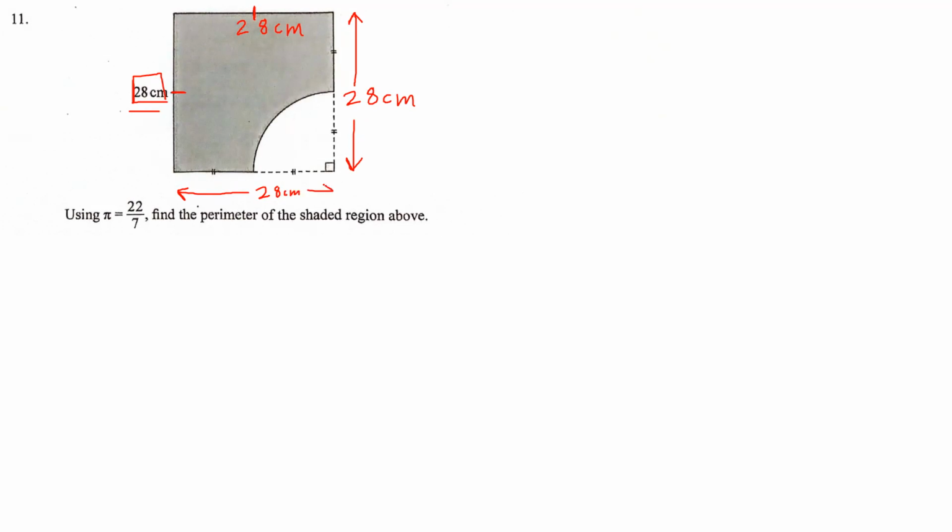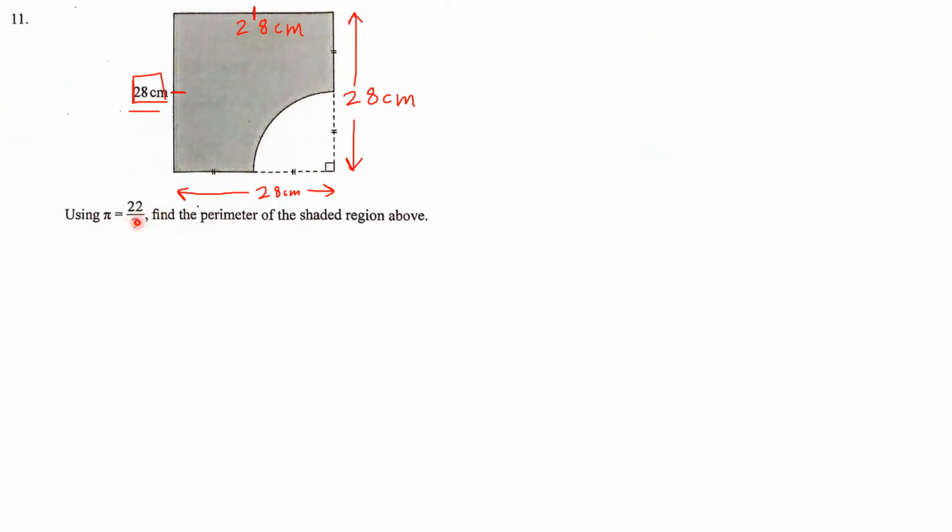So, okay, we have a square. So 28, 28, 28, 28. All these lengths in totality. So this length is 28, this length is 28, this length is 28, and this length is 28. So they are equal in measure, right? So all the sides are equal. So that's very important to note.